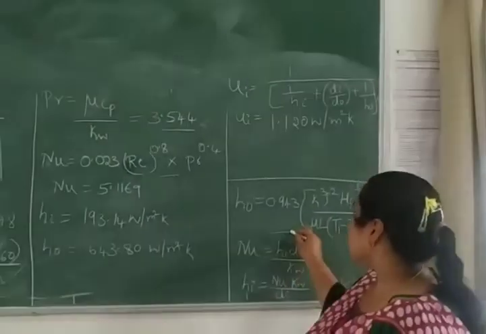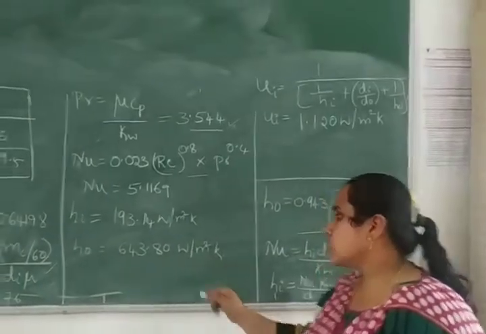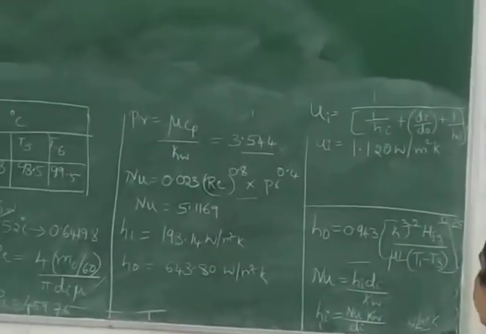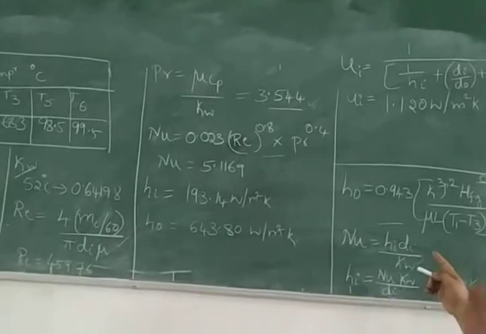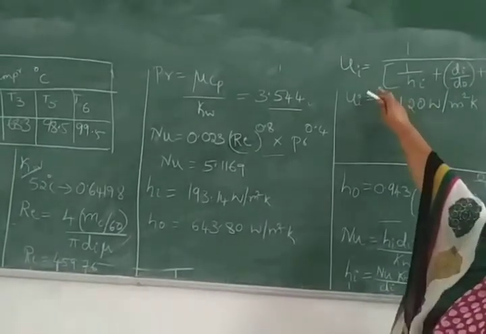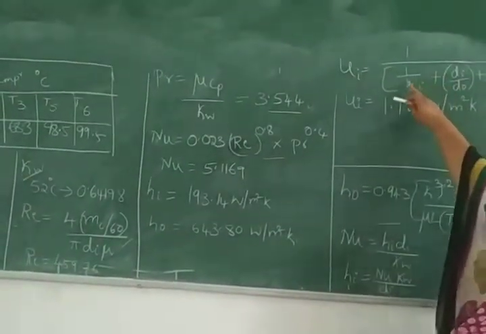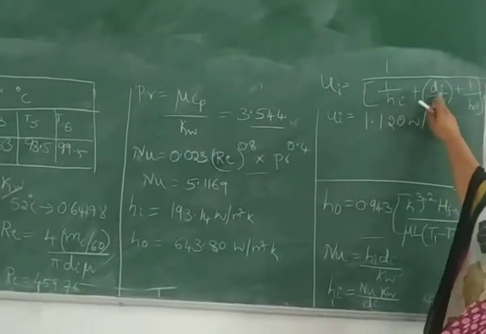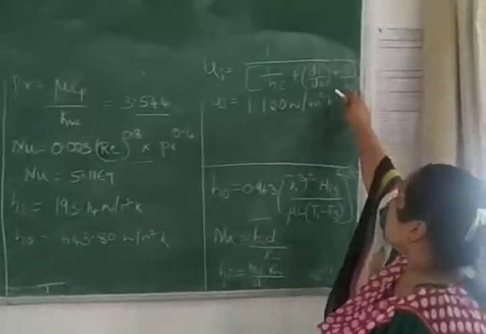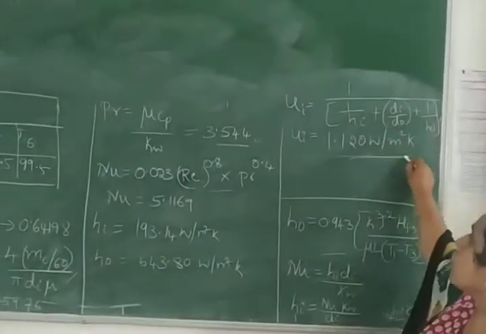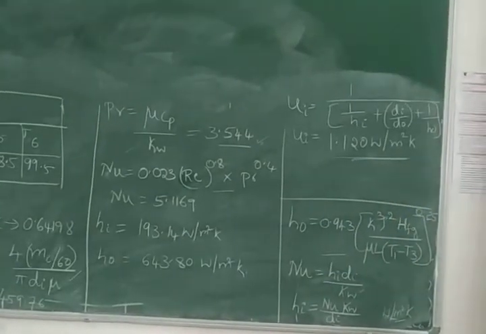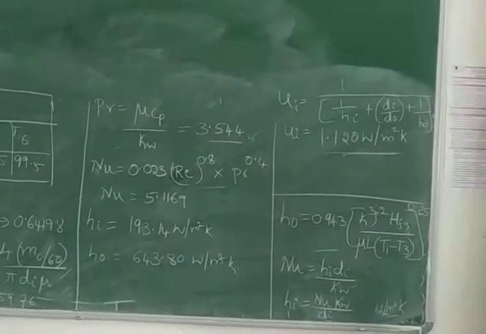If I know this empirical formula, just substitute these things and you will get H naught. Once I find Hi and H naught, Ui is equal to 1 by Hi plus Di by D naught plus 1 over H naught. This gives rise to 1.120 watt per meter square Kelvin.